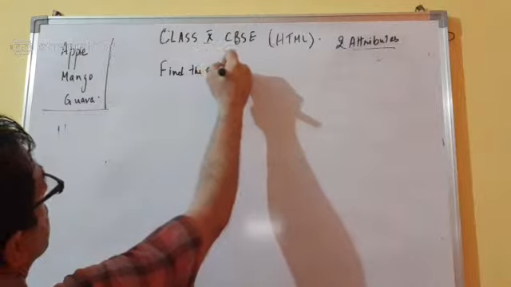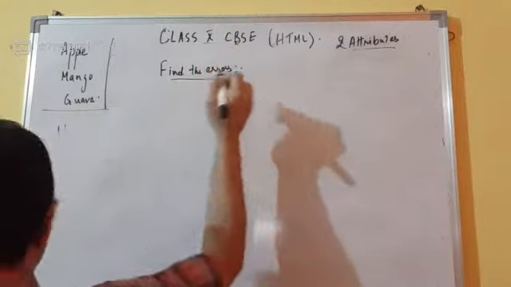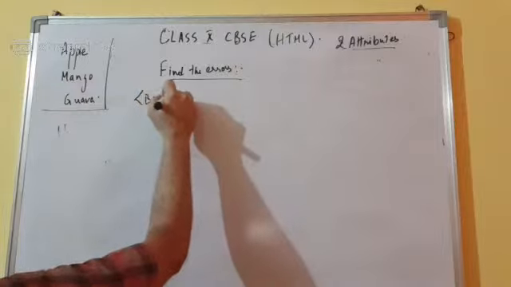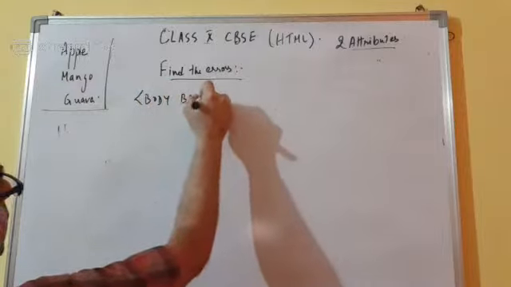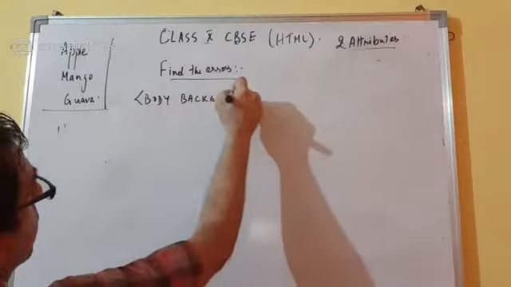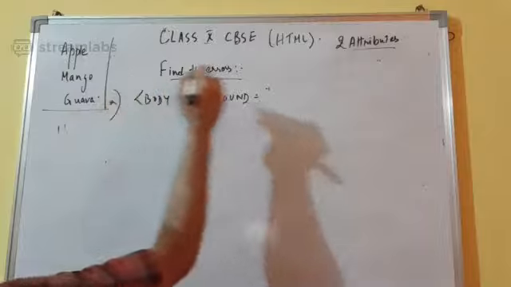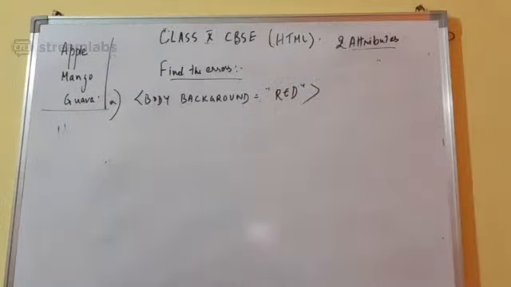Find the errors. What could be the error in this sentence? Body background equal to red. Or if an error is there, then what should be the corrected statement? What do you think in this statement, if any error is there?